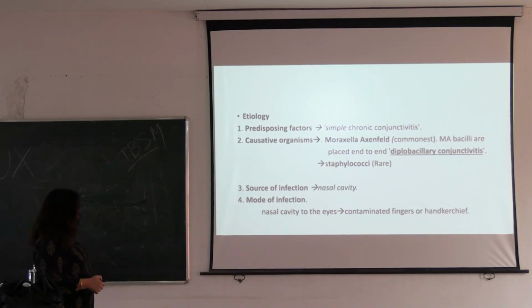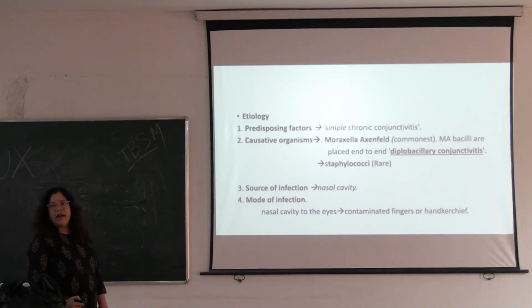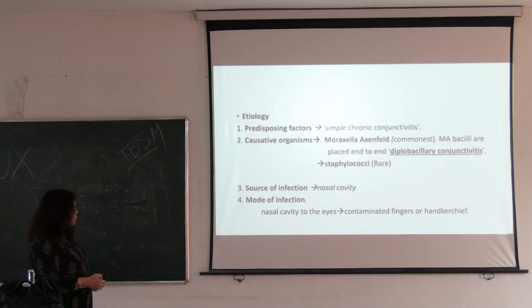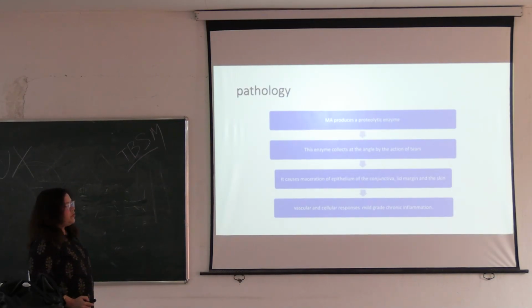Then the source of infection: the infection is spread from the nasal cavity to the eye, and the mode of infection is from the nasal cavity to the eye with contaminated fingers and handkerchief. Then pathophysiology of angular conjunctivitis.